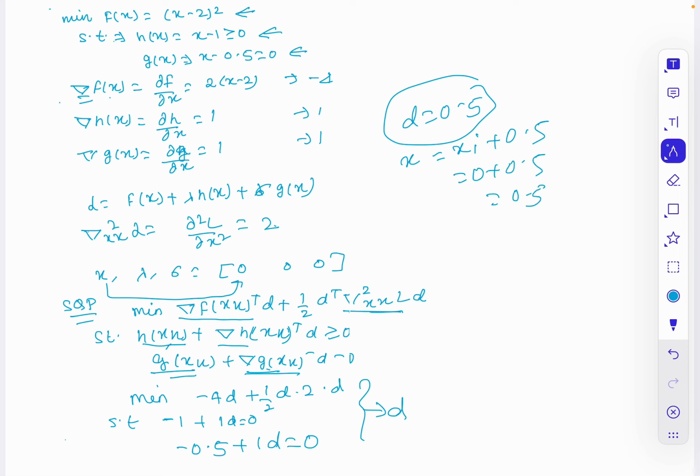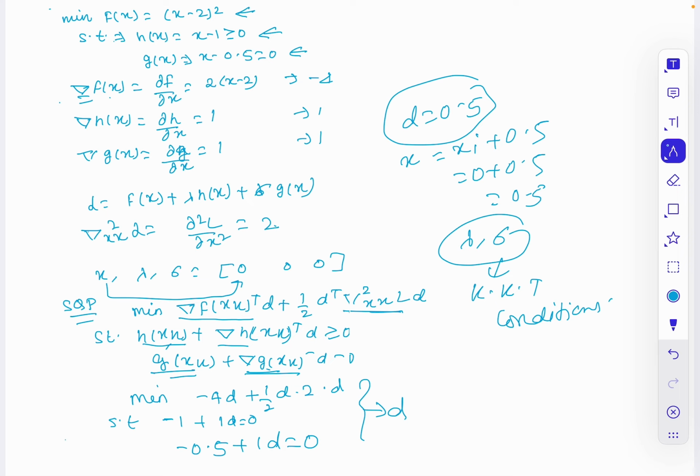Now you have got the new value of x. Similarly you can update lambda and sigma. Lambda and sigma are updated according to the KKT condition, okay? So let us not get into that much detail, because anyway we will be solving the problem using Python code, but I wanted to give you the intuition of how an SQP algorithm works, okay?